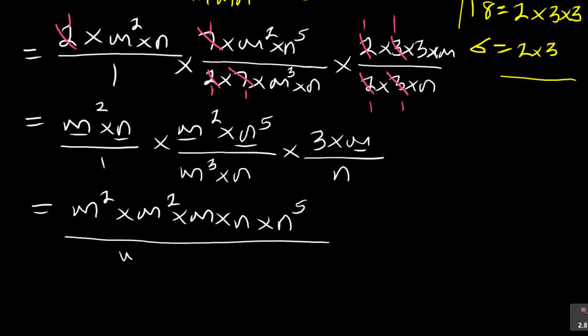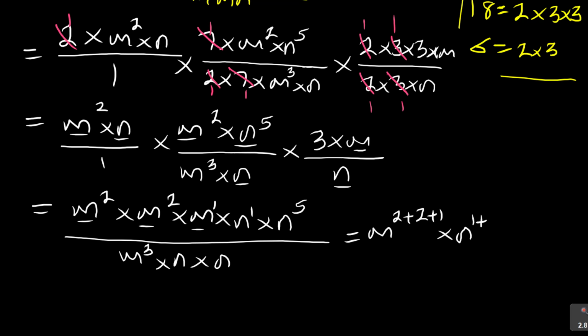Over m cubed there is a 1 there, so we leave it, times n times n. Same base, m, so you apply the law: you are multiplying, so it's 2 plus what do you put there? You tell me. When there is no power, it's a default what? 1, remember. Times n, again n, there's no power, default 1, which is 1 plus 5.